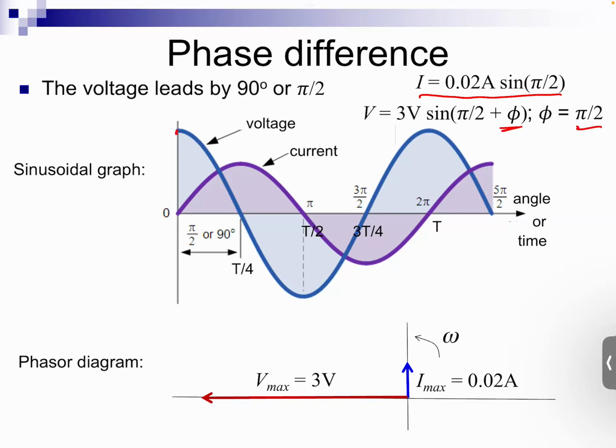It means that the voltage reaches its maximum value first compared to the current. Say at time t equals 0, your voltage is maximum, your current is minimum. But after pi over 2, or after 90 degrees, the current will now reach its maximum value.